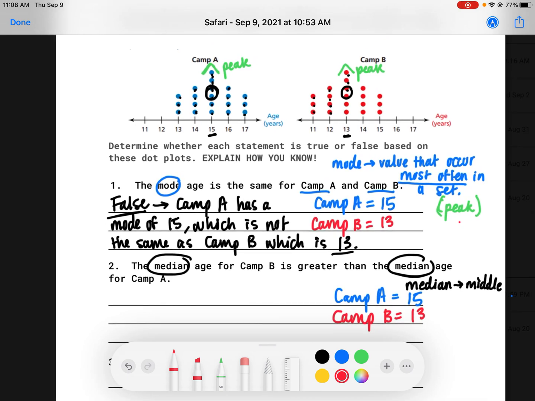In this case, they aren't the same. They're 15 and 13, so the median age for camp B is greater. Is 13 greater than 15? It's not.